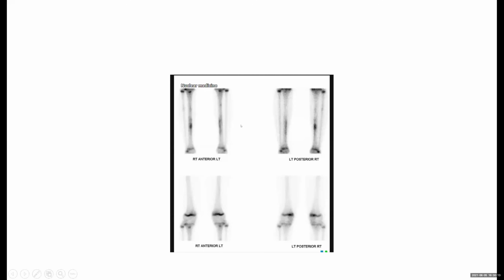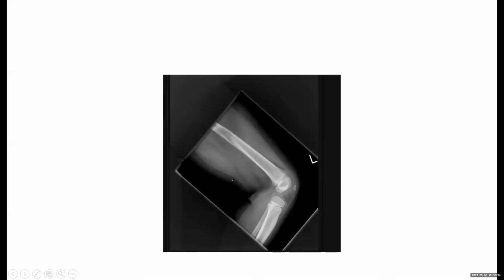MRI is not that yielding because I did not provide the whole set of images. In the nuclear scan, the opposite limb is also showing periosteal reaction along the cortex. That helps you narrow down the differential to stress syndrome, because osteoid osteoma does not occur symmetrically on both tibiae. So again, you were right with this diagnosis.